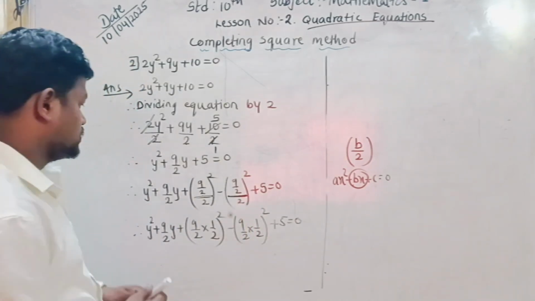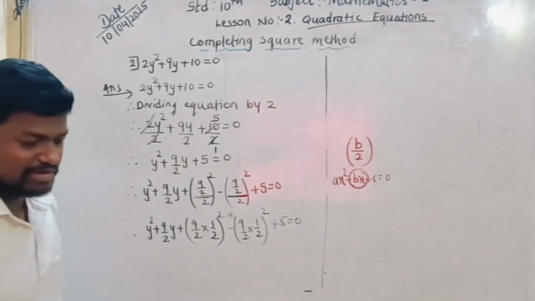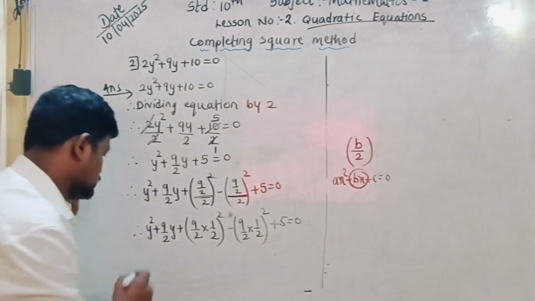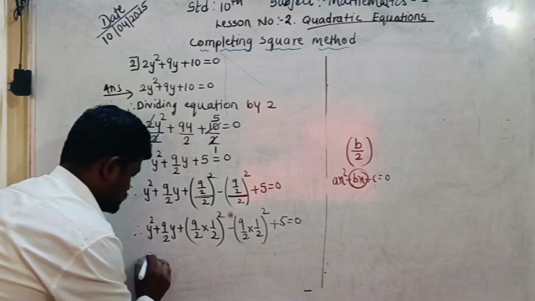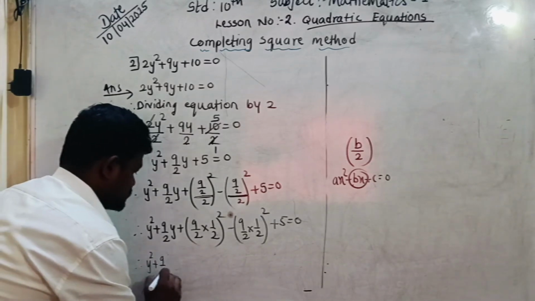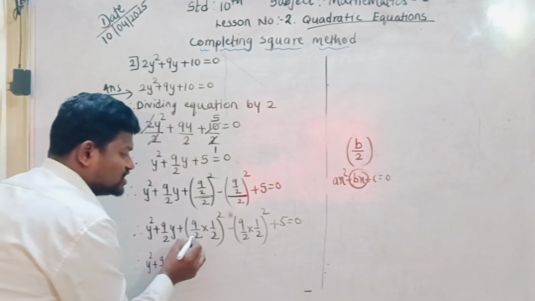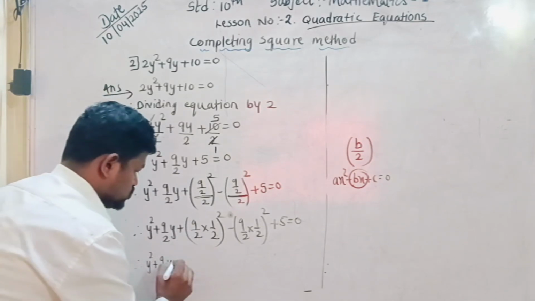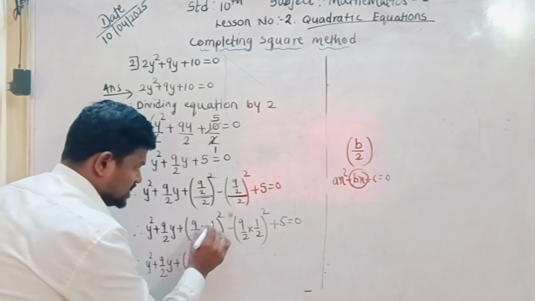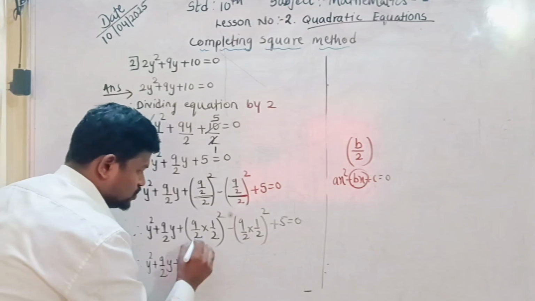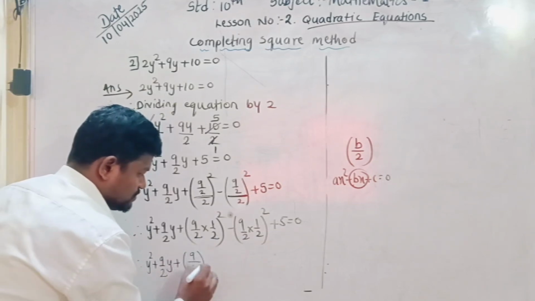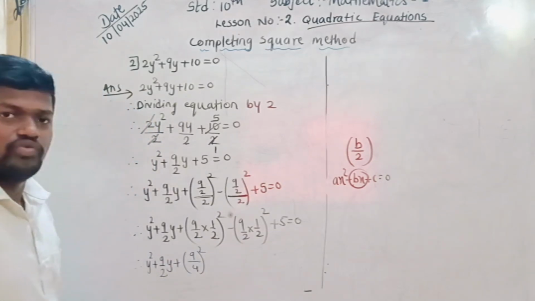Next, check whether it is divisible by some number or not. See, 9 is not divisible by 2. So we write down 9 ones are 9 upon 2 twos are 4, bracket square.